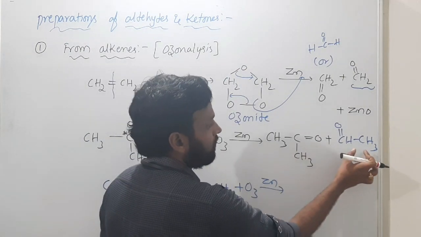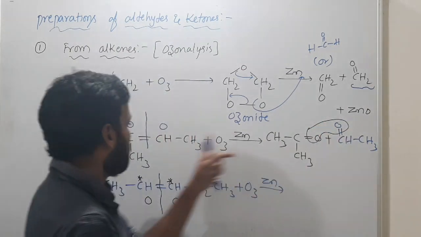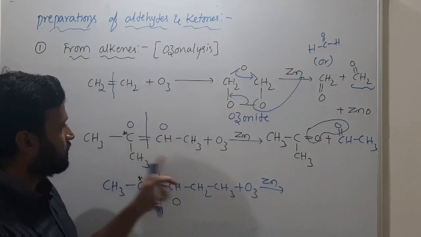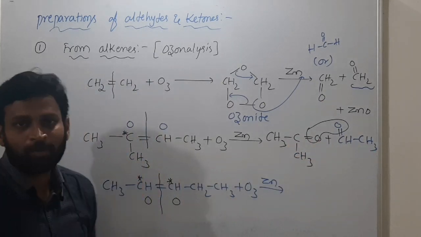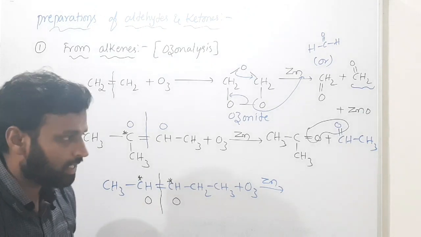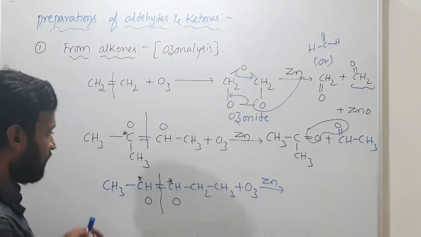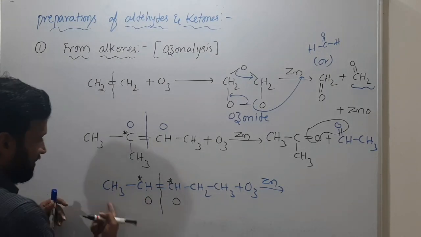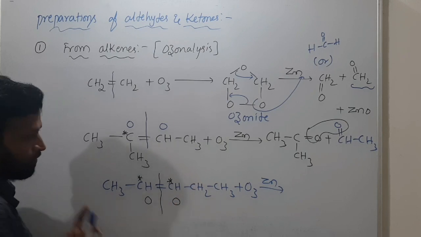Okay, propanone, this one. Now remove these two oxygens, then this alkene will come, or not? CH3 C CH3 double bond CH3, you have this alkene. Understanding? One more oxygen gone with zinc. Now here, what are the products in this reaction? CH3 CHO and CH3 CH2 CHO.